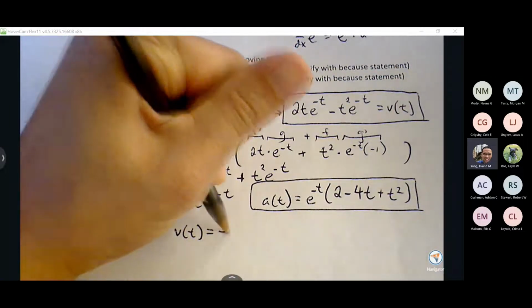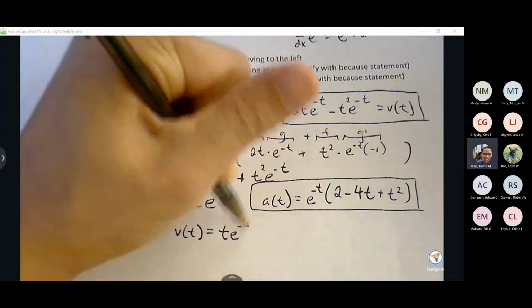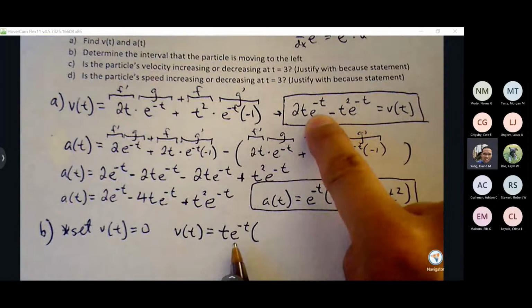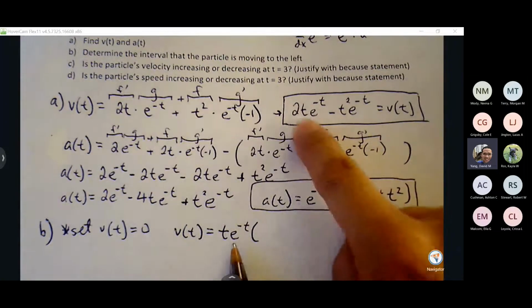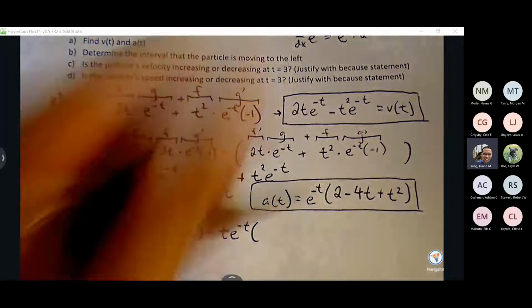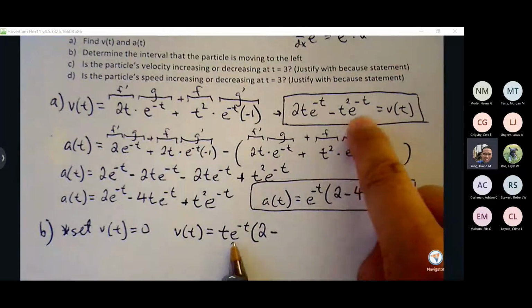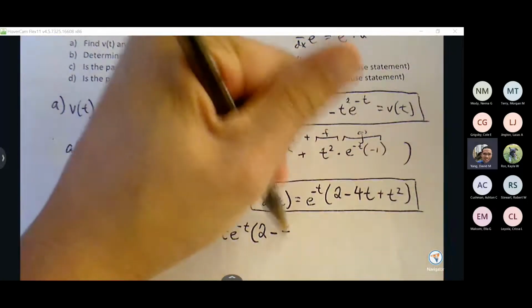My GCF is t, e to the negative t. So factoring out means dividing it out. So if I divide out t, e to the negative t, I'm left with 2 for the first term. Second term, if I take out e to the negative t and t, I'm left with t here.